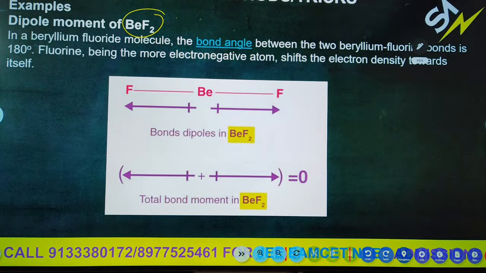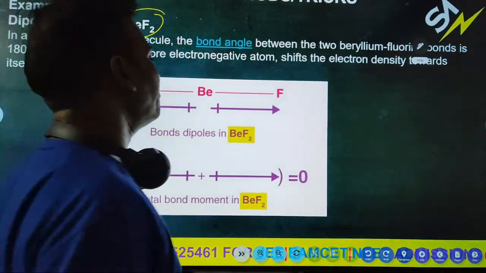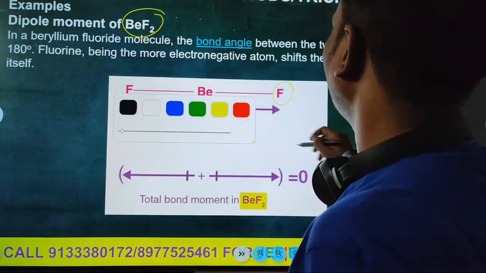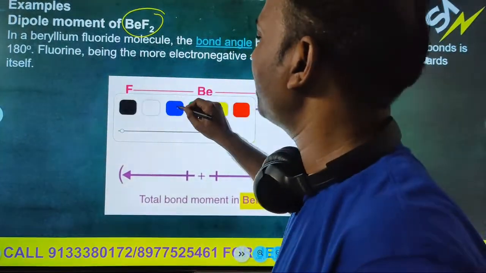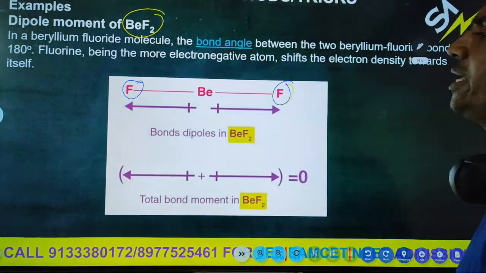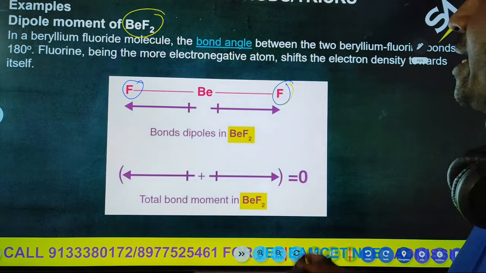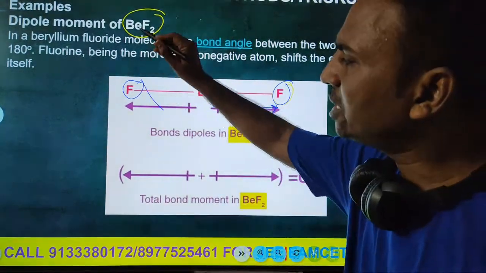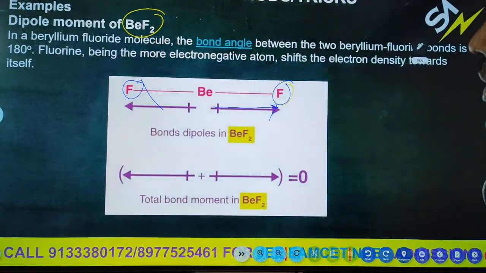Now, which is the more electronegative atom here? In beryllium fluoride, fluorine is the electronegative element. So the two fluorines are electronegative. Which side does the direction shift? Towards the fluorine side. This side also shifts towards fluorine.